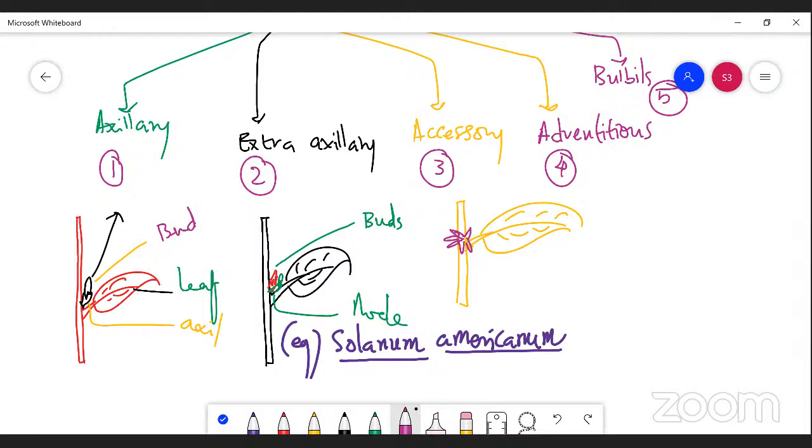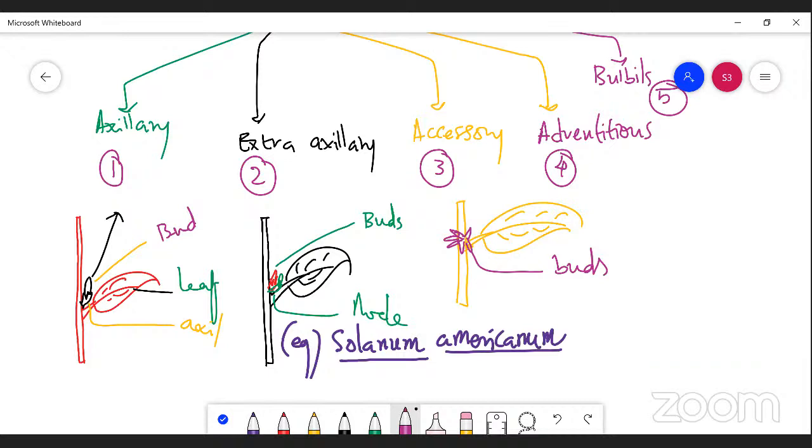I repeat it again. Accessory buds are nothing but the buds developing from the leaf axil part just behind the nodal region, but growing just around the stem. That is called accessory buds.